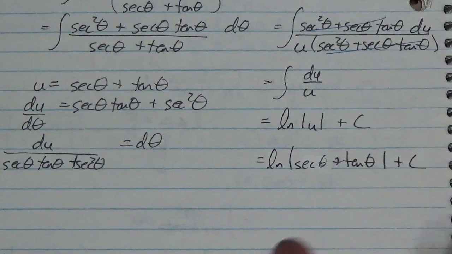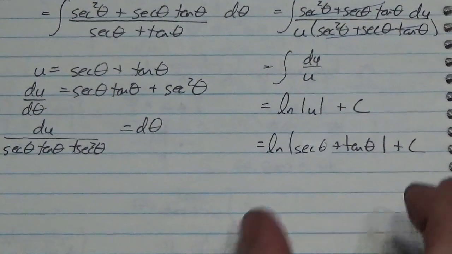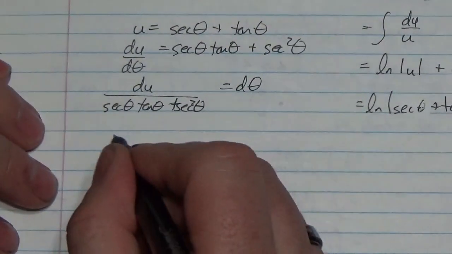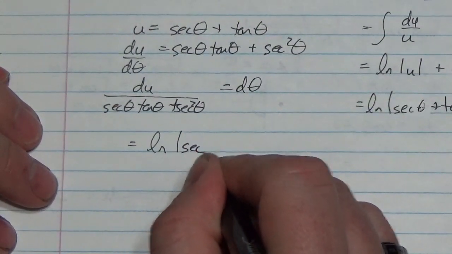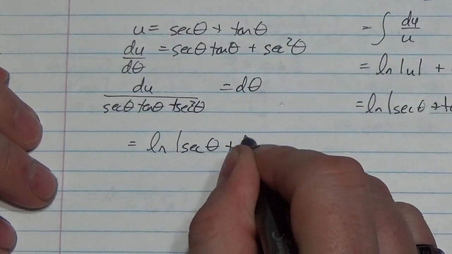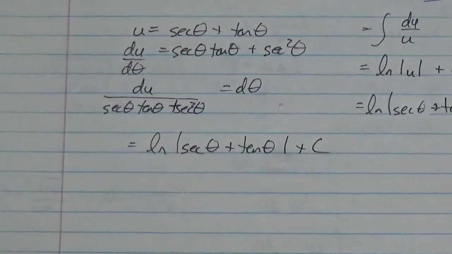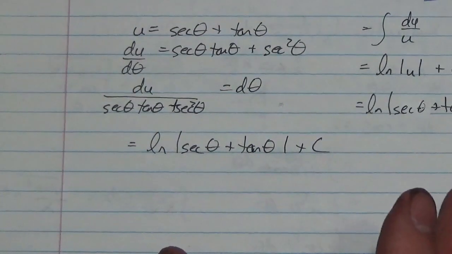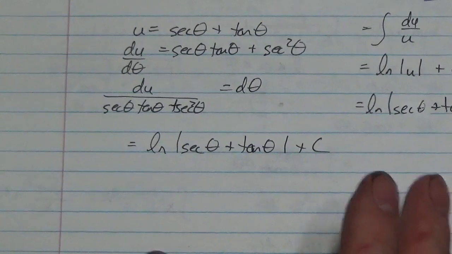Now, let's flash forward to the question that we've been working on. So now I know that my integral is equal to the natural log of the secant of theta plus the tangent of theta, plus c. This is the point where I remember that my independent variable isn't actually theta. It is x.